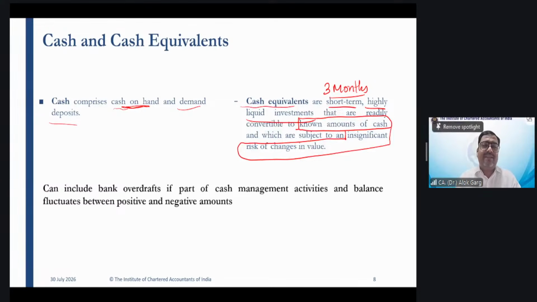I was doing the tax audit because the tax audit season was going on, and on 28th September 2008, 4 days back, I had purchased Satyam shares at 200 rupees. And on 28th September 2008, the price was 11 rupee per share. From 200 rupees, it went down to 11 rupee per share. So there is a significant risk of change in value.